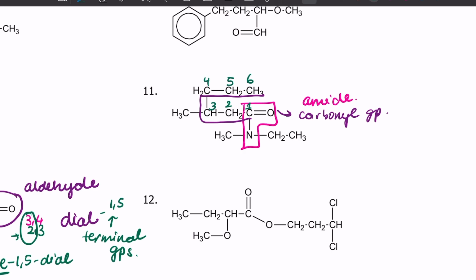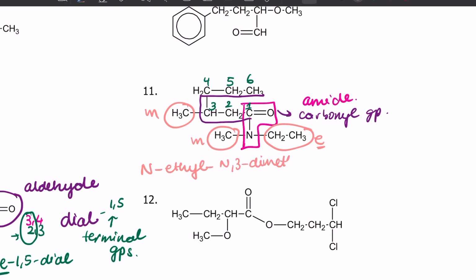So you have a methyl here, an ethyl here. Ethyl comes before methyl because E comes before M. So the name becomes N-ethyl, N,3-dimethylhexanamide.